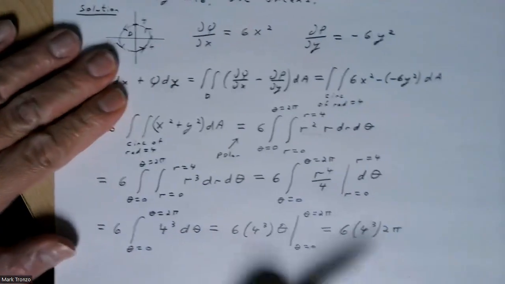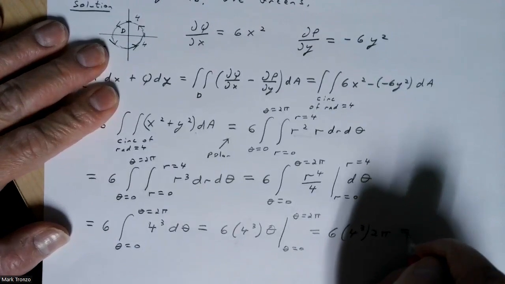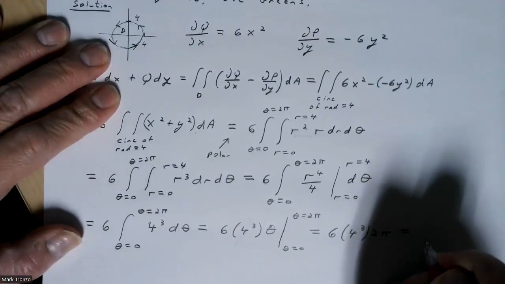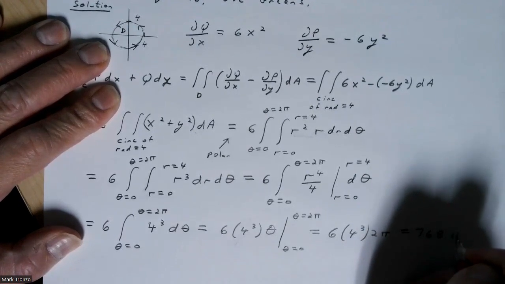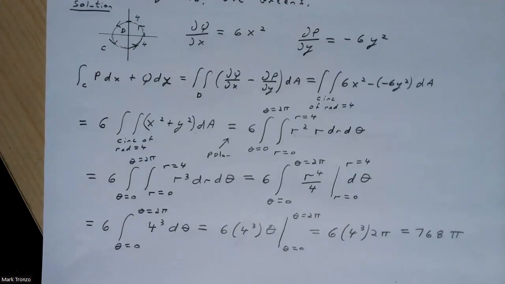And when we multiply this out, we get 768 pi, like that.